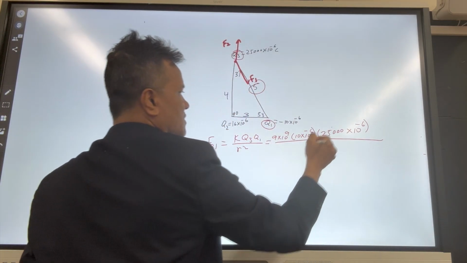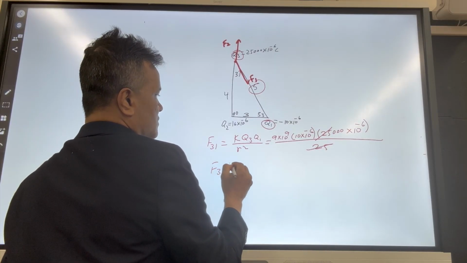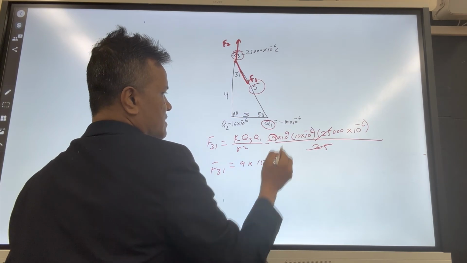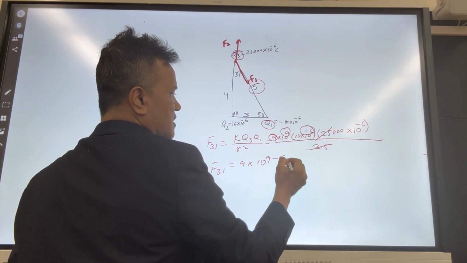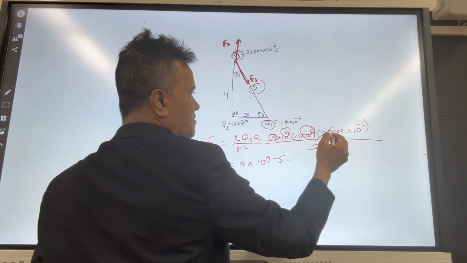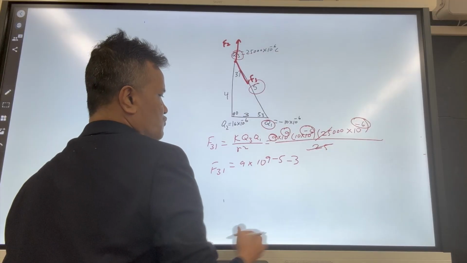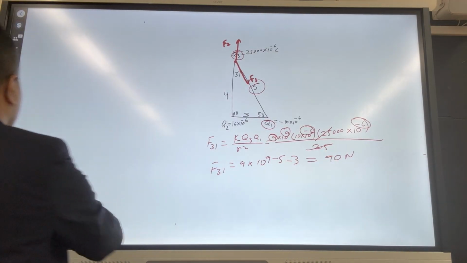So 25 cancels. F31 is equal to 9 times 10 raised to 9 times 10 raised to negative 3, which is 90 Newton.